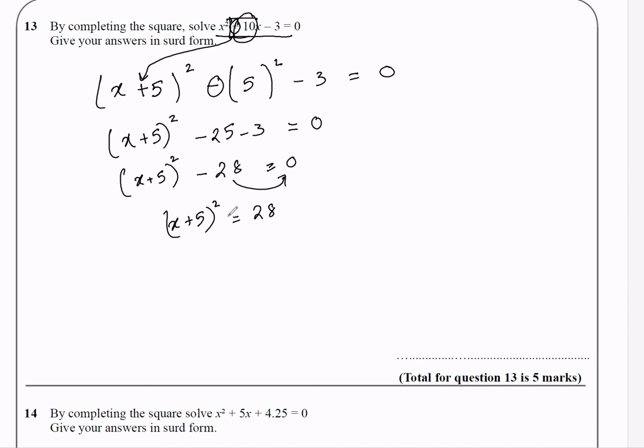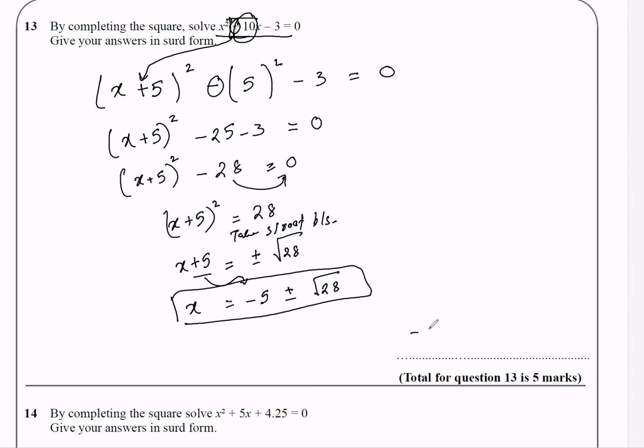Now you are taking a square root on both sides, and we know when we take a square root on both sides we have to place a plus-minus sign, right? Okay, I can write: take a square root on both sides. Now this plus 5 goes over there, it will become minus 5 plus-minus root 28.